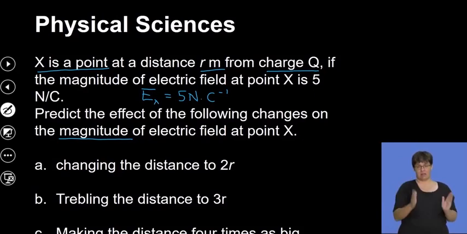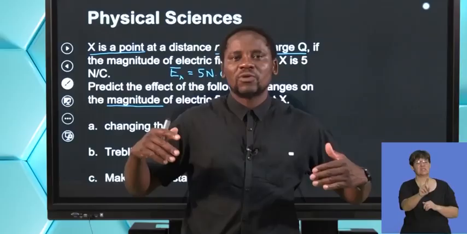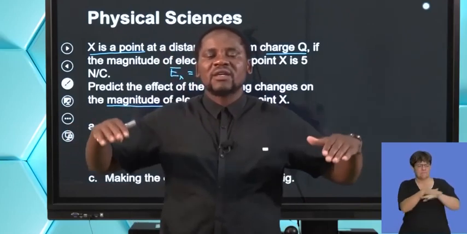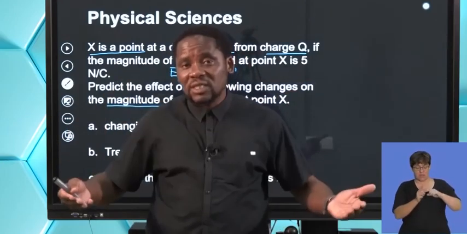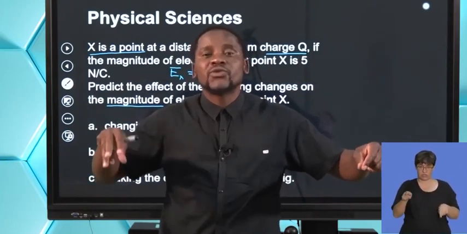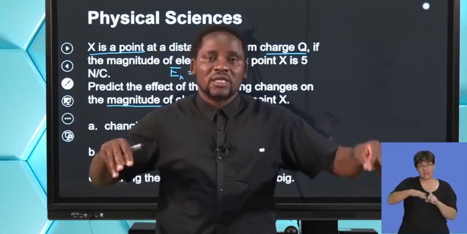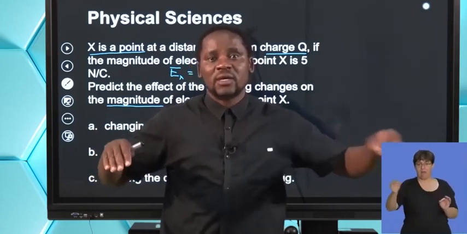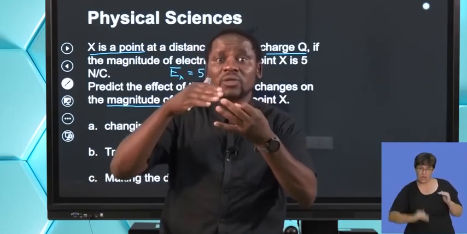We want to understand exactly what happens. At a basic level, if we double the distance between point X and the charge, what's going to happen to the electric field at the new point, which is twice the distance? Is it going to increase, decrease, or remain the same?